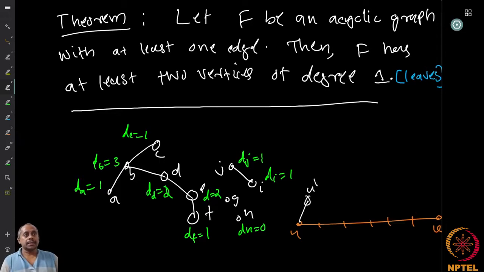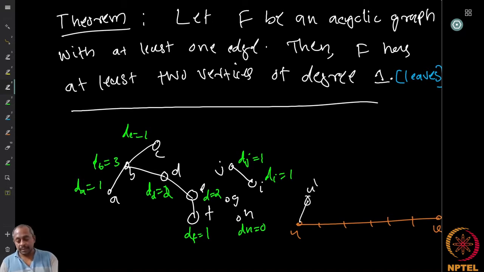The vertex u dash cannot be outside the path, because if it is outside the path, we can get a longer path by starting from u dash to u and then continuing on the path. This gives a longer path, but we started with the maximum length path. Therefore, you cannot have any other neighbors outside the path.